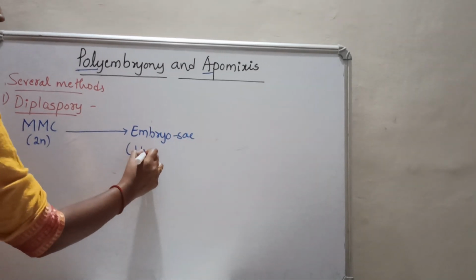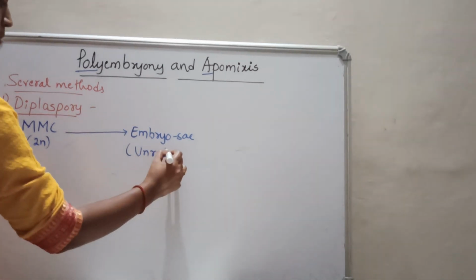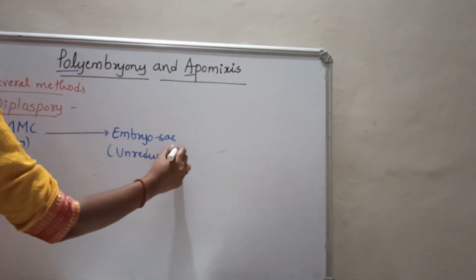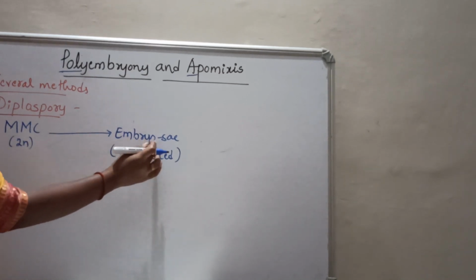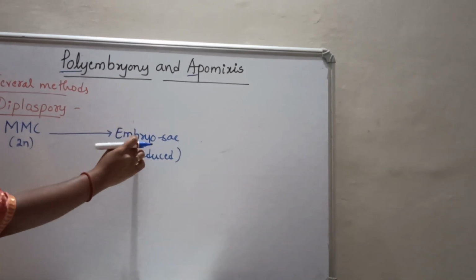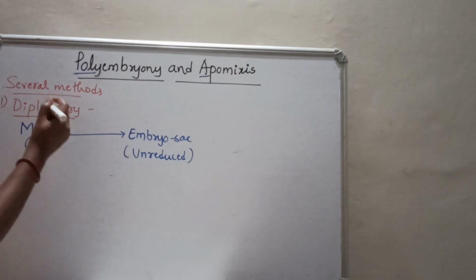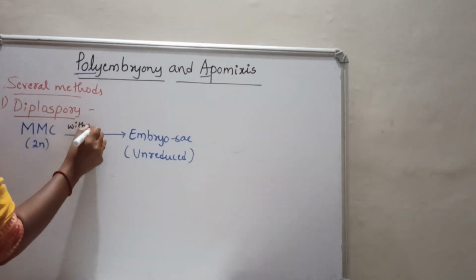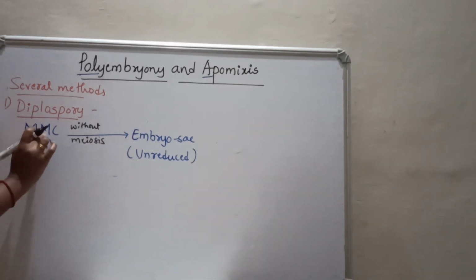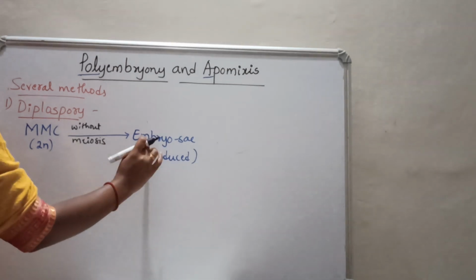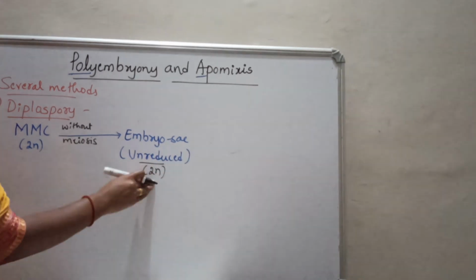That embryo sac is formed from the megaspore mother cell without meiosis, so it is unreduced, which means the embryo sac is also diploid.